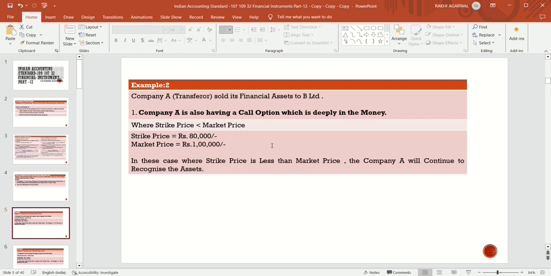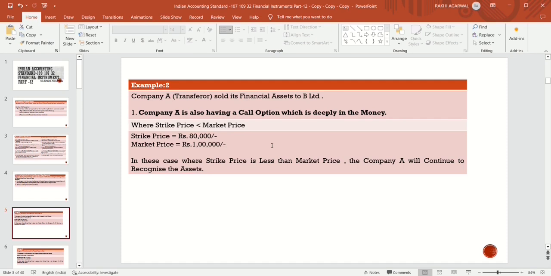When the strike price is less than market price, for example the strike price is 80,000 and market price is 1 lakh, then the company will continue to recognize the asset.